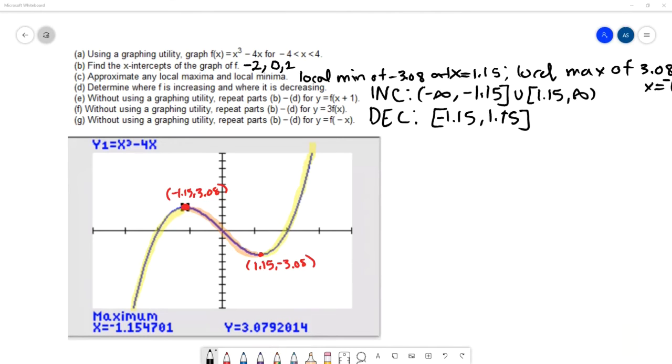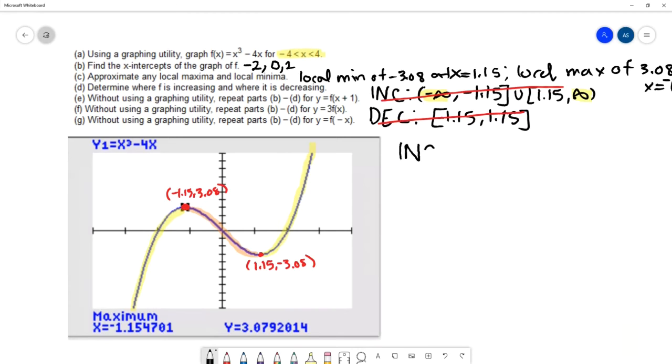Okay, so just going back here, someone pointed out to me that we are restricted from -4 to 4 on this problem. So we're not going to include our intervals until infinity. So let's change those intervals to be limited from -4 to 4.